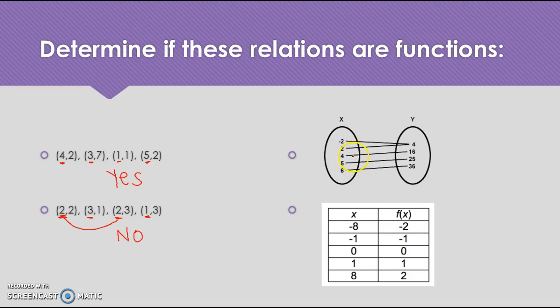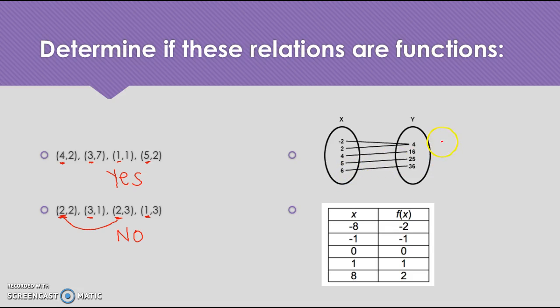Alright, this top right one, this is a mapping. Okay, so it's a little trickier, you got to look at where your arrows go. So I've got a -2 going to a 4, a positive 2 to a 4, a 4 to a 16, a 5 to a 25, and a 6 to a 36. Okay, so I don't have but one arrow coming off of all of these numbers.